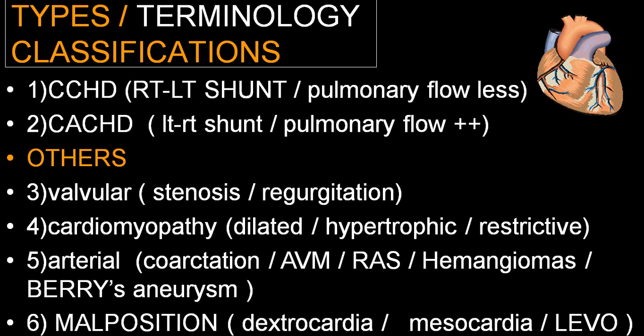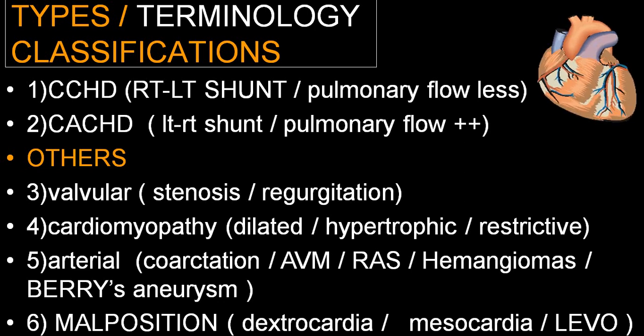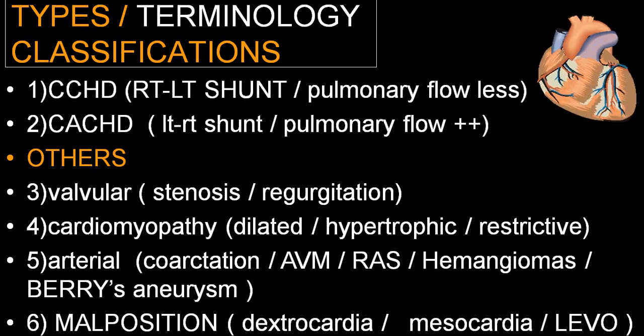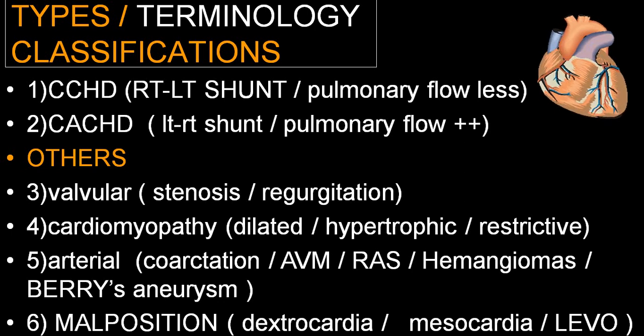Or you can have a malposition or malrotation of the heart, producing dextrocardia, mesocardia, levocardia, etc. Mesocardia and dextrocardia are very frequently associated with congenital heart disease, while in levocardia the percentage of congenital heart disease is very low. In mesocardia it is almost 100%.